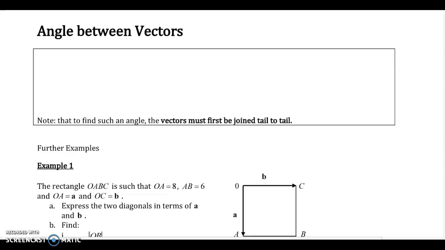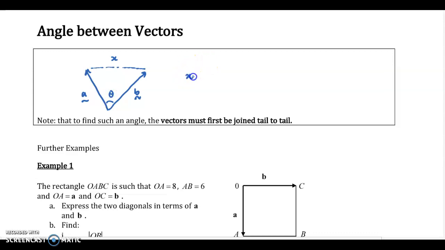Moving on to angles between vectors. I'll give you the definition first, just so you can see where we're trying to head. If I've got a vector, say A, and another vector, say B, I'm going to draw a line between them to form a triangle. I'm going to say that that is theta, the angle between the two vectors.